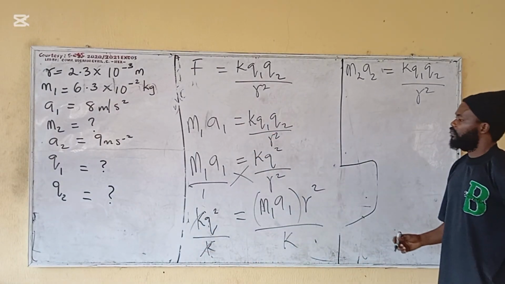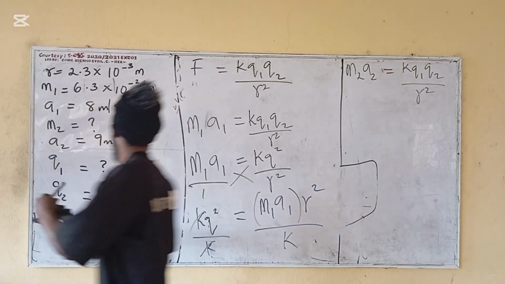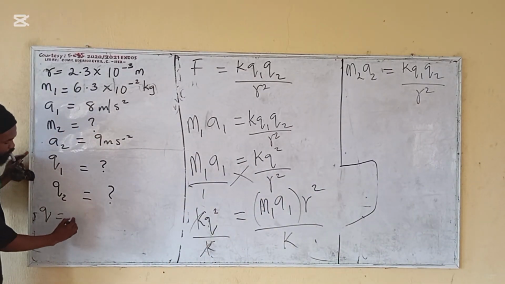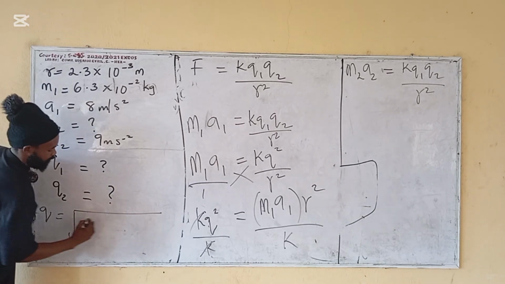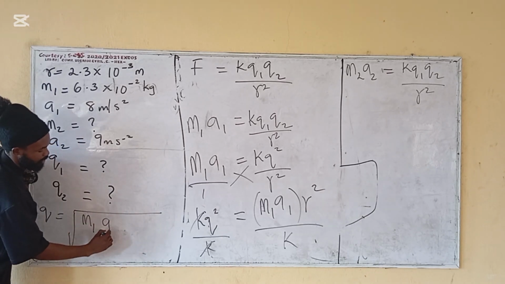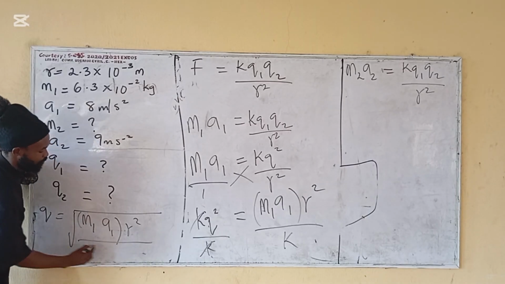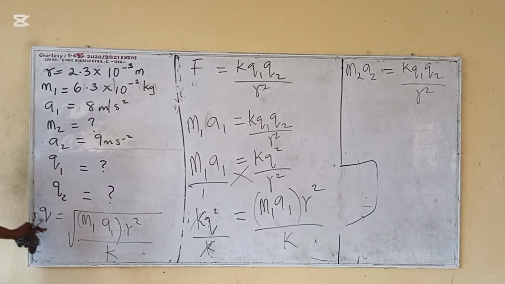So that I now have Q equals the square root of M1A1 all multiplied by R squared all over K. So this is the formula to use and find our Q.